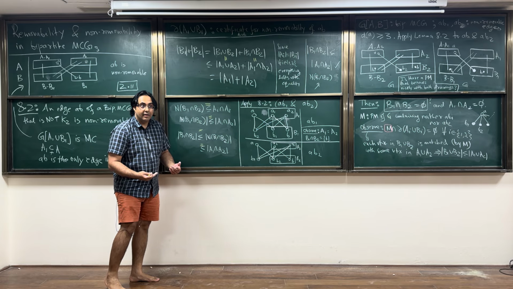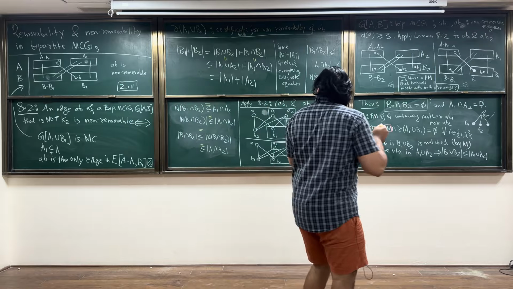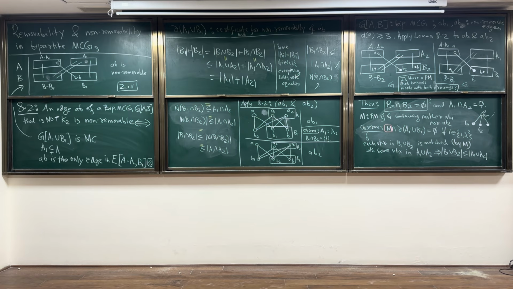What does that mean? In a bipartite matching covered graph, if you find a set of black vertices whose neighborhood has the same cardinality as itself, what does that mean? That set has to be either empty or full.